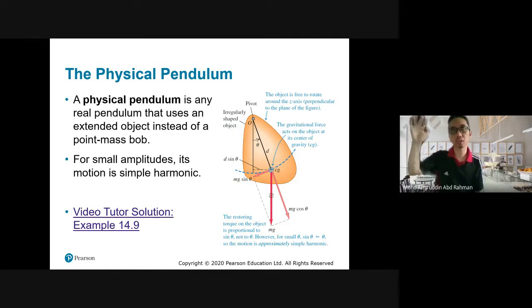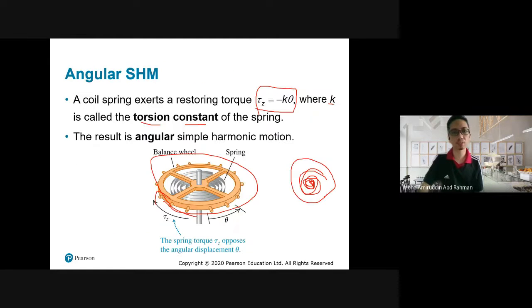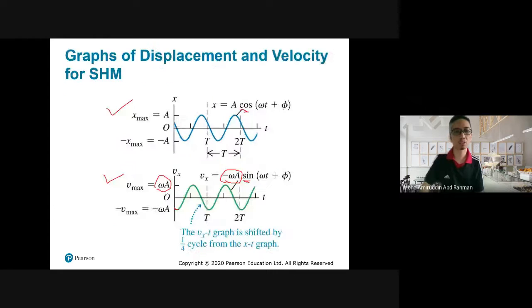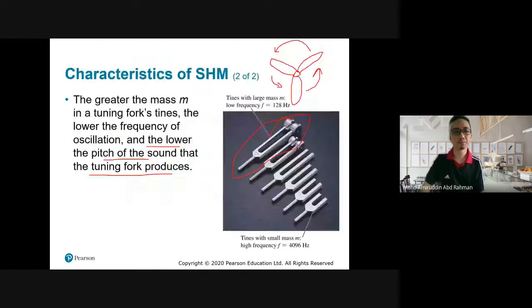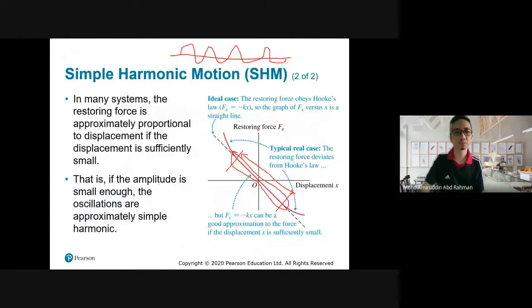But for big amplitude, if you increase further, it won't be simple harmonic motion anymore. But for small amplitude, it will still follow simple harmonic motion, let's say from there to there. This is related to the graph I mentioned before.